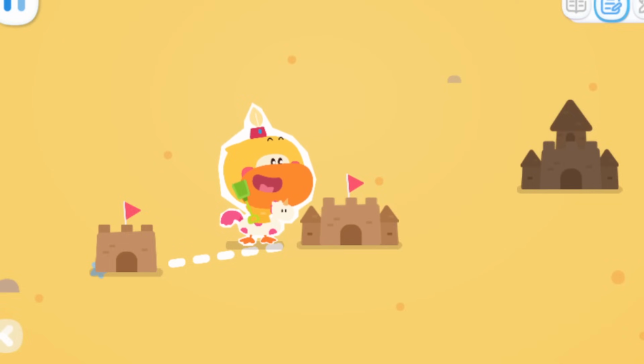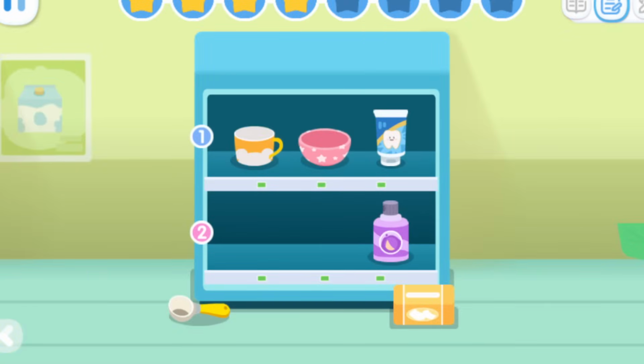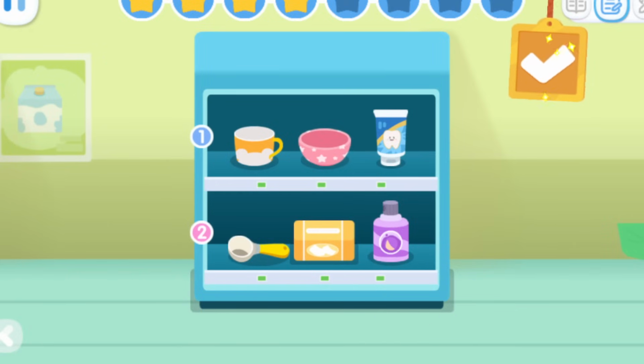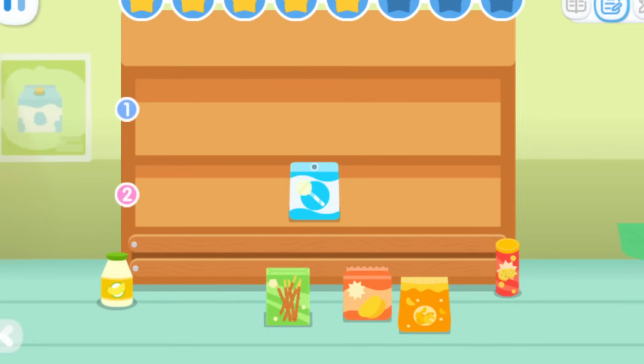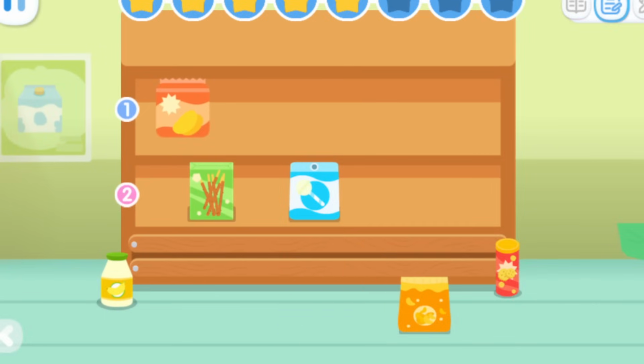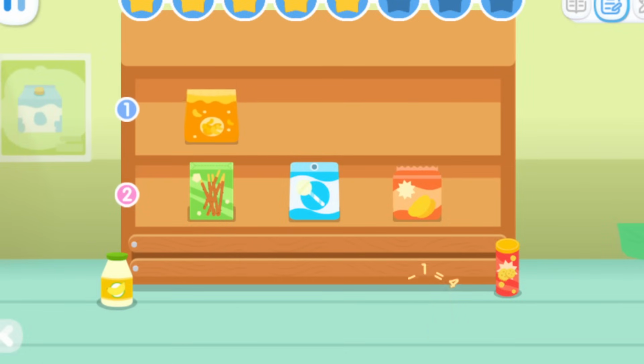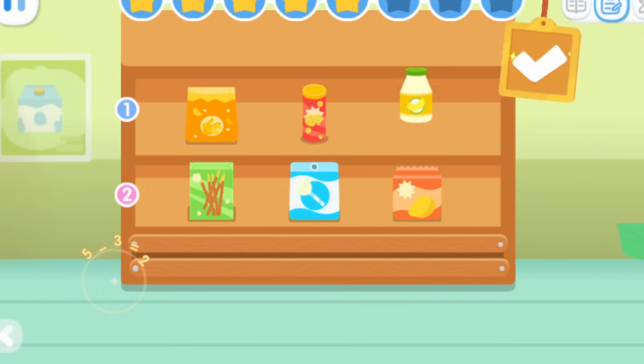Advanced exercises. Can you help put 6 daily items equally on 2 shelves? Tap the button. Can you help put 6 snacks equally on 2 shelves? Tap.